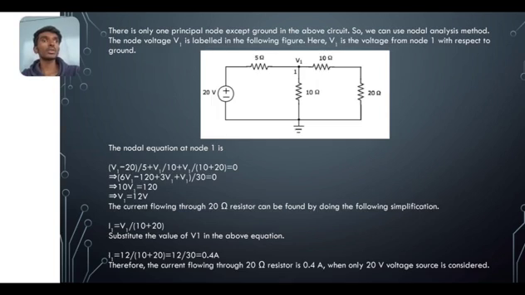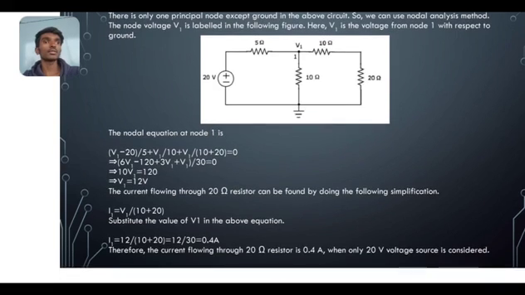The current flowing through the 20 ohm resistor can be found by doing the following simplification. I1 is equal to V1 divided by (10 plus 20). Substitute the value of V1 in the above equation.